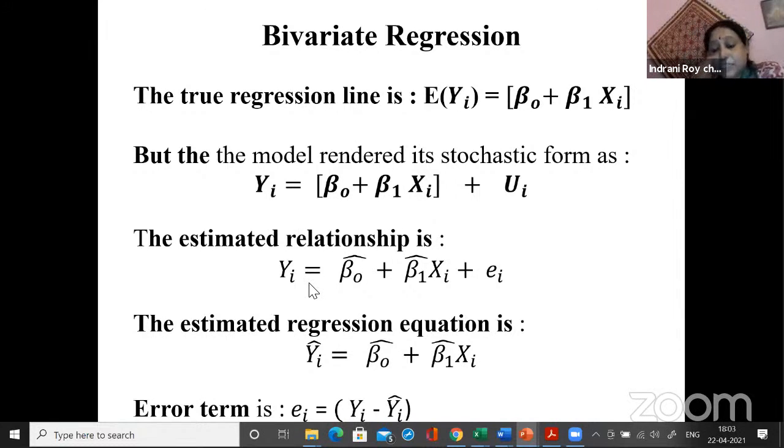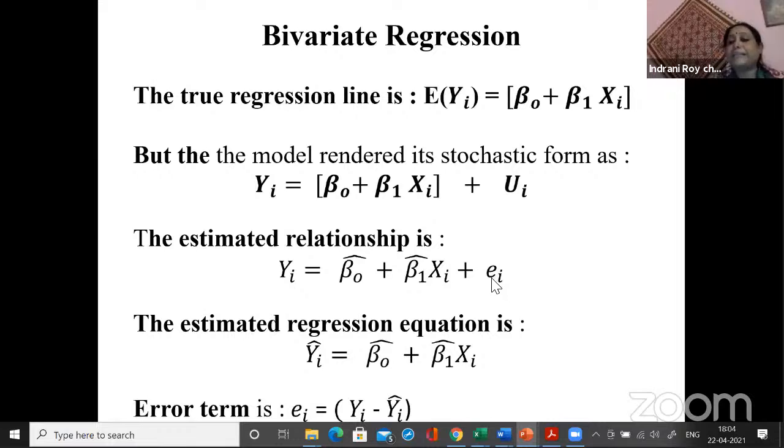Okay, so this is from the sample. But in the regressions, what you expect is that even though there is a disturbance term, on an average, y should behave like this. That means the expected value of yi, which we call yi hat, which is on an average the y value, is equal to beta naught hat plus beta 1 hat xi. Right?